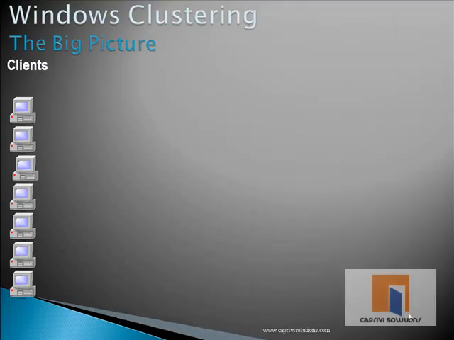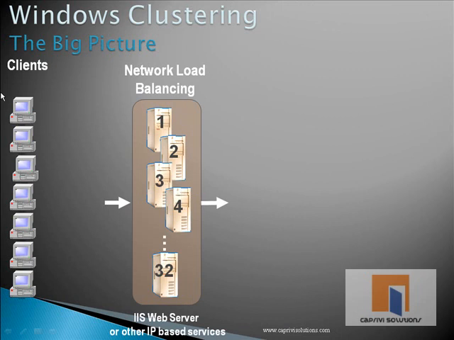let's take a look at the Windows clustering and the big picture. So here we have clients on the left-hand side. They're accessing information, in this case, with the network load balancing.